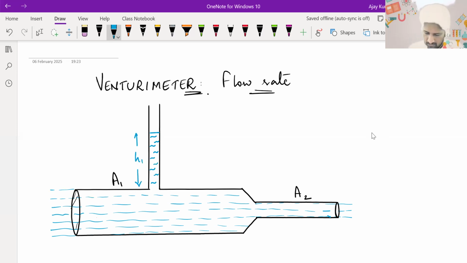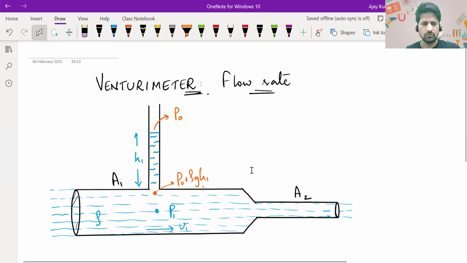Density of liquid, let's say it is rho. And let's say the pressure here is P1 and speed of flow here is V1. Now at the open surface, the pressure will be atmospheric pressure. Then here, the pressure will be P naught plus rho g H1.